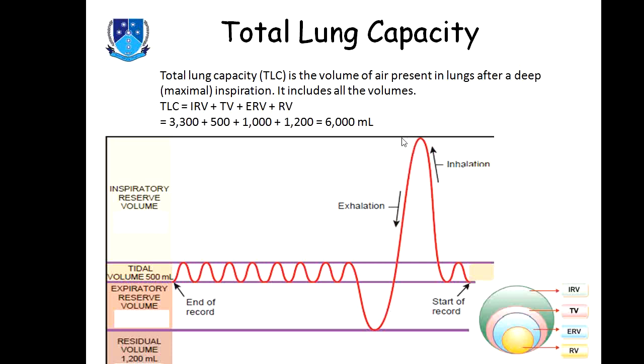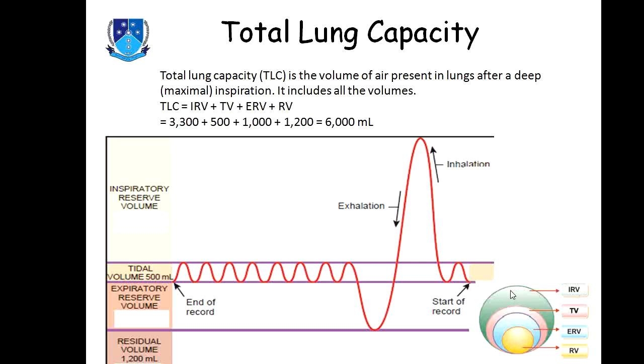So now starting from this point, this shows the inspiratory reserve volume, that is 3.3 liter, plus 0.5 liter of tidal volume, plus 1 liter of expiratory reserve volume, and 1.2 liter of the residual volume, combined together to make the total lung capacity.